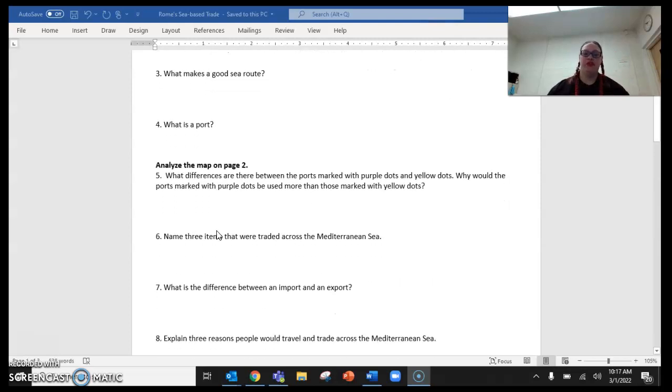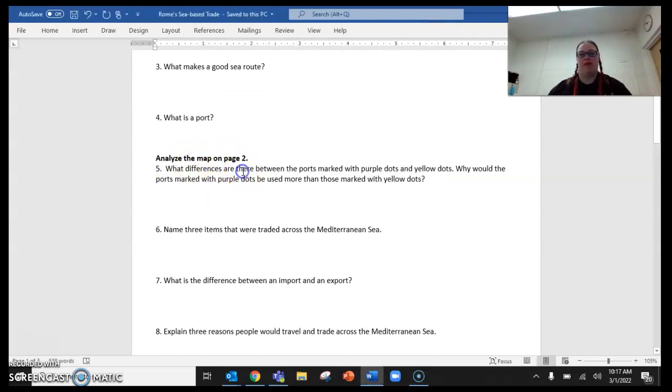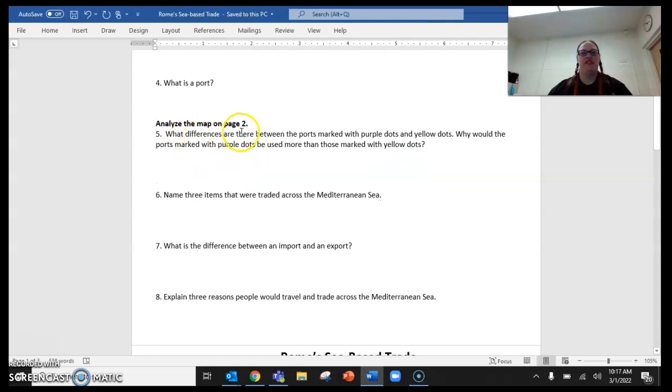Now on page 2, it says analyze the map on page 2. What differences are there between the ports marked with purple dots and yellow dots? Why would the ports marked with purple dots be used more than those marked with yellow dots? Now we don't know that yet, so we're definitely going to have to read the text and look at the maps. But remember, we're still pre-reading the questions. Number 6, name 3 items that were traded across the Mediterranean Sea.